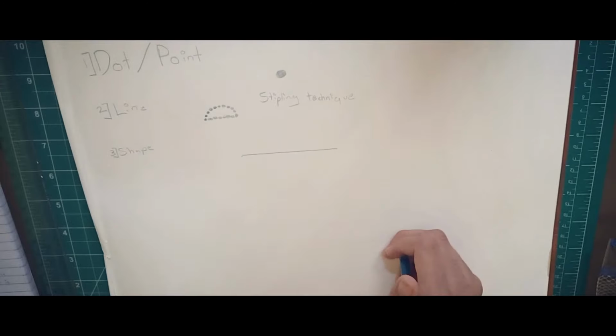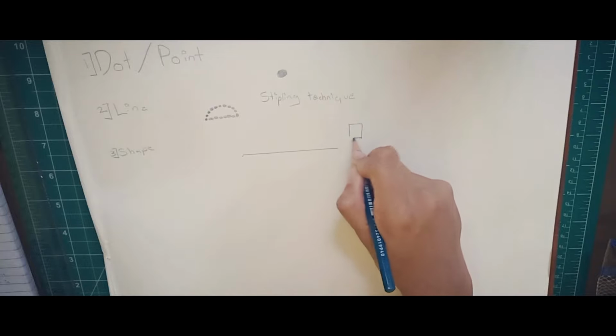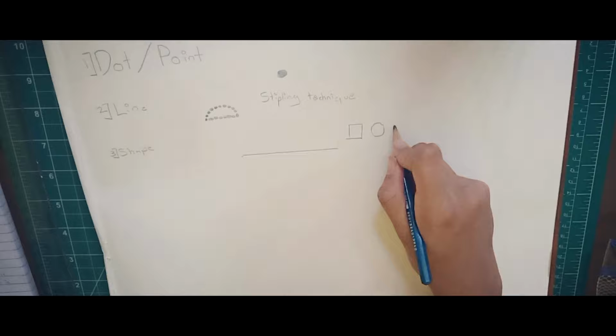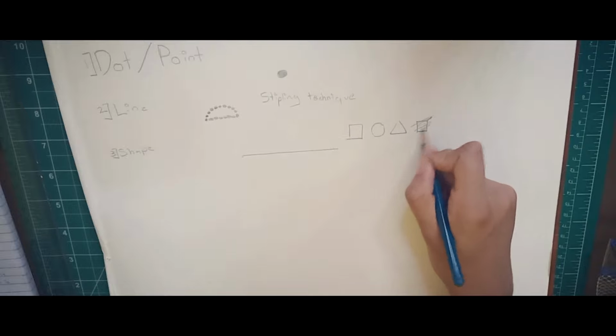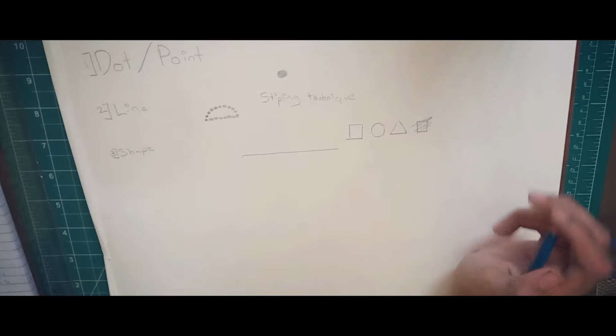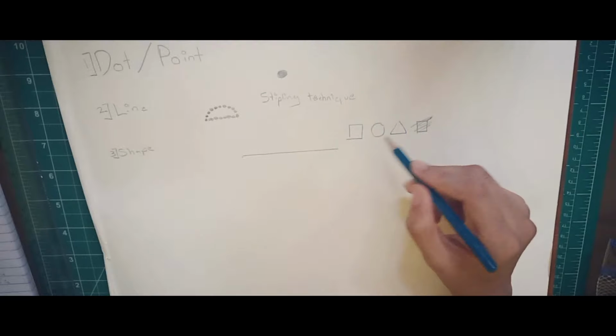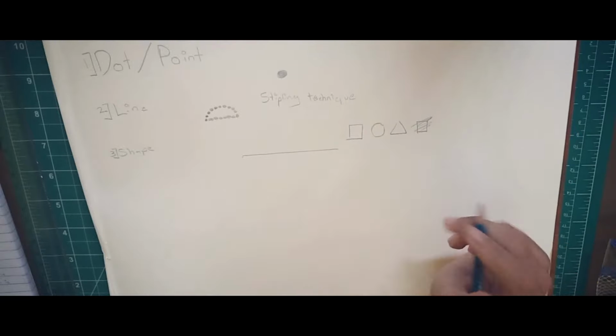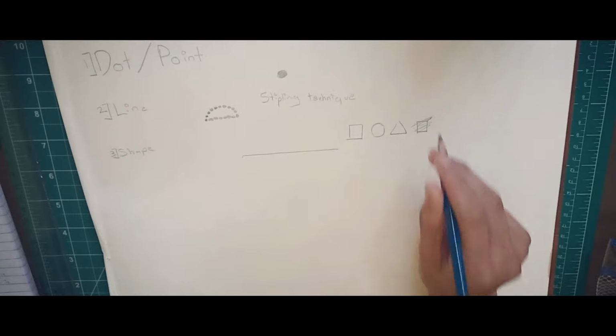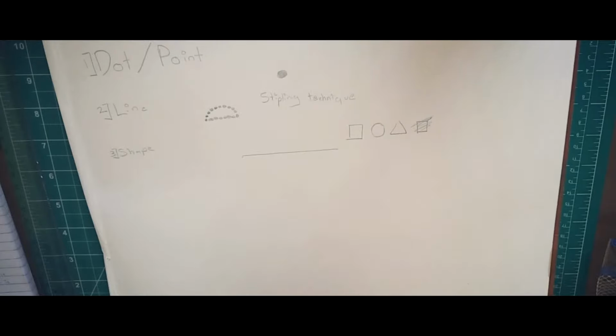Shape is something we are all familiar with. When we used to be kids, we used to play a lot around with shapes. There are many shapes, like you've got square, you've got circles, you've got triangles, you've got 3D shapes like cubes, but that's later actually. Currently we are focusing on 2D shapes, so square, circle, triangle, etc. Shapes are basically made from lines, and lines are made from dots.